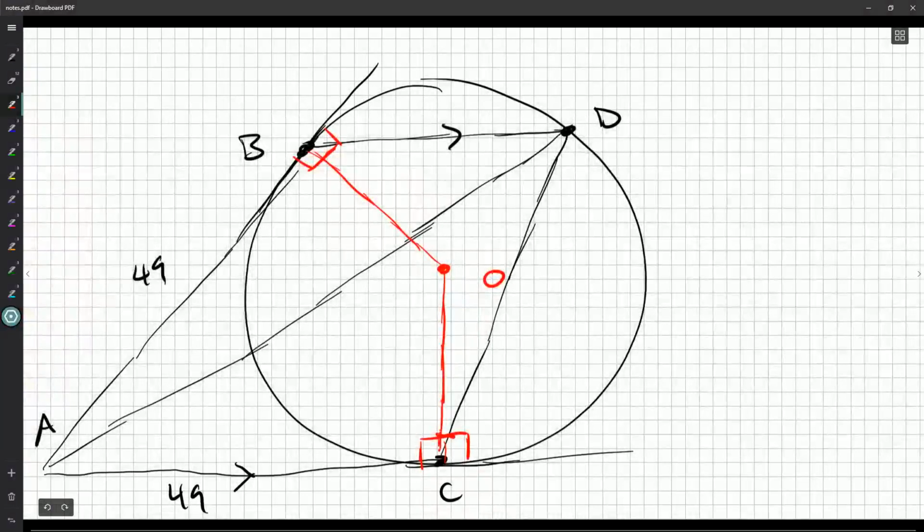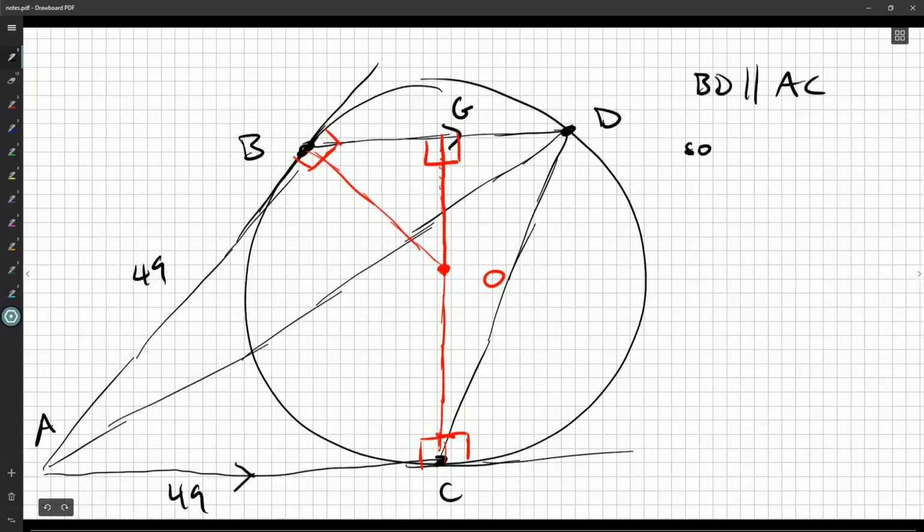Another thought that crossed my mind is, what if I extended this upwards? We should still get a right angle if I extend this up, because BD is parallel to AC. So we called that O. I suppose we could call this point G, just because I technically have E reserved here and F reserved if I want to extend AB and CD so that they meet.